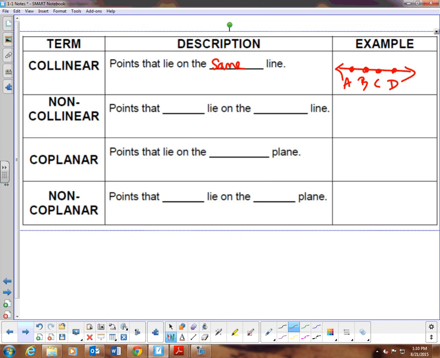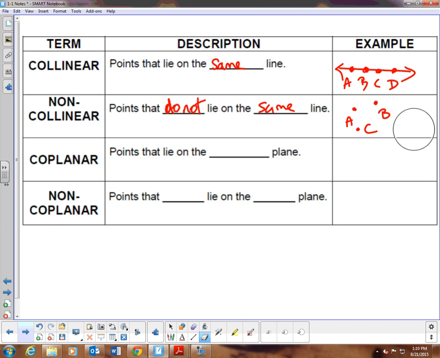So non-collinear means points that do not lie on the same line. So here are 4 points. These are non-collinear. They do not lie on the same line. Or like I could even take this off and we could do this. This might even be better.